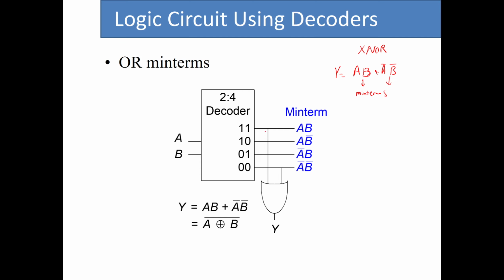The outputs of the decoder are all the possible minterms for these two inputs. Since we want to create AB or A bar B bar, we only provide A bar B bar and AB as the inputs of this OR function. So Y is basically AB or A bar B bar.